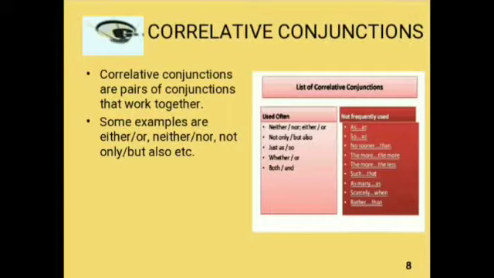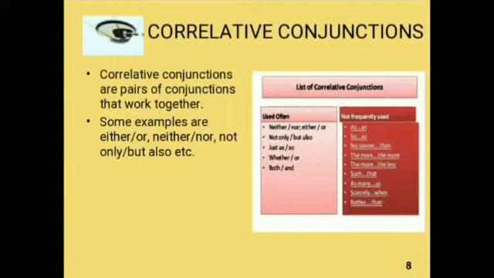On the right side, we can see a list of correlative conjunctions, out of which some of them are used often and some are not frequently used. The correlative conjunctions that are used often are neither nor, either or, not only but also, just as so, whether or, both and.